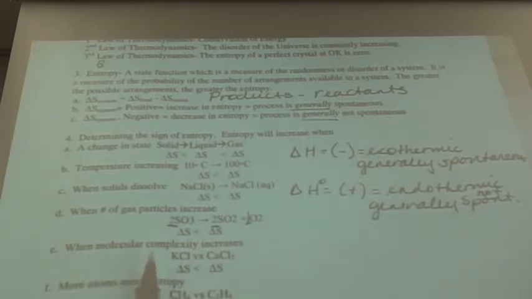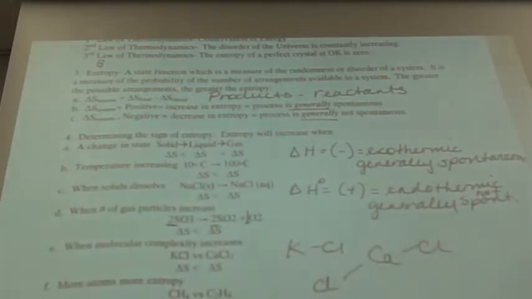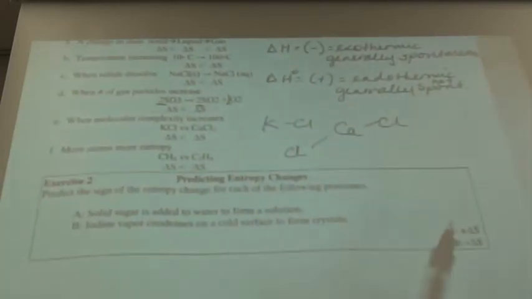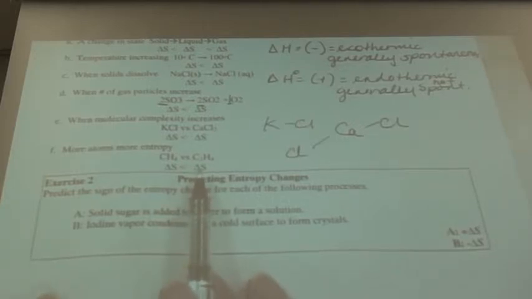When the molecular complexity increases, so does the entropy. This can only rotate around this fixed position, but this can be like that, or it could be like that, or it could be like that. There are more places. So if you increase the complexity, you increase the entropy. The more atoms you have, the more complex it is, therefore the more entropy you have.